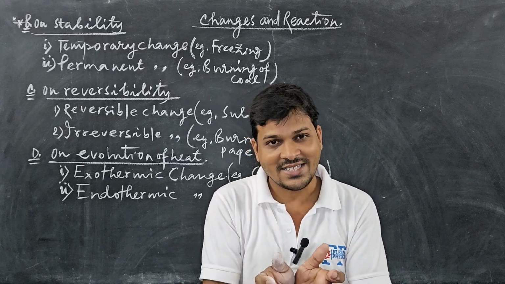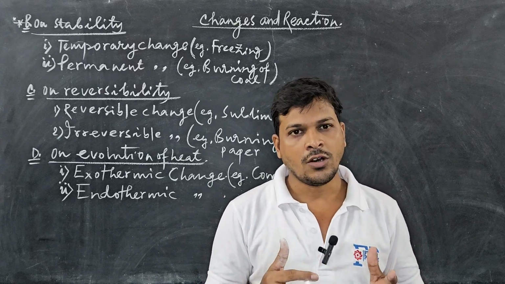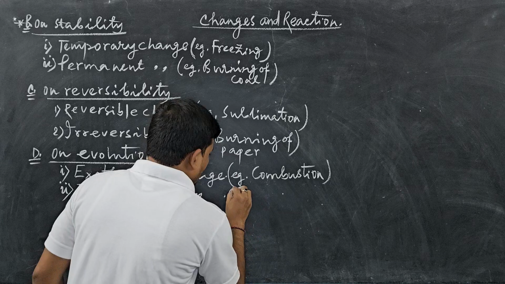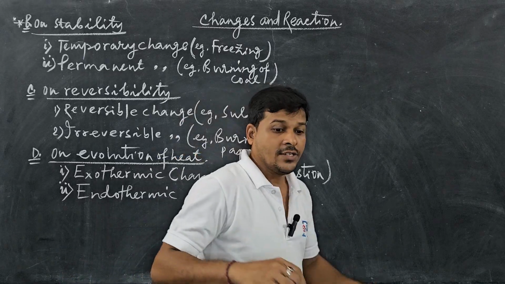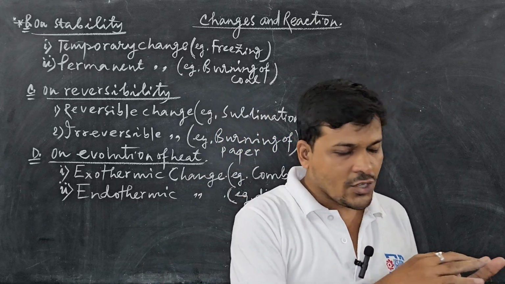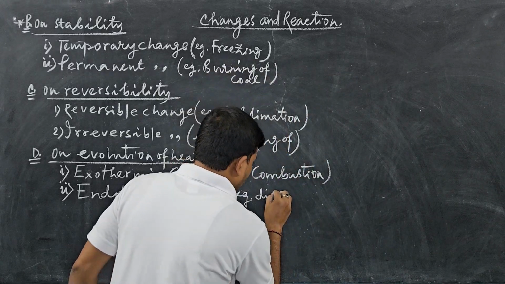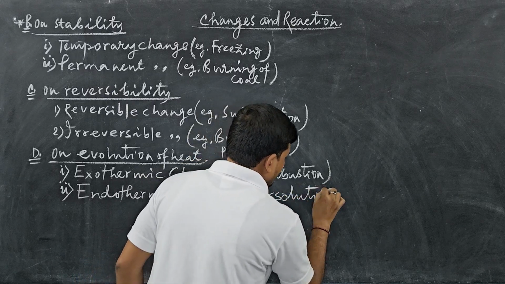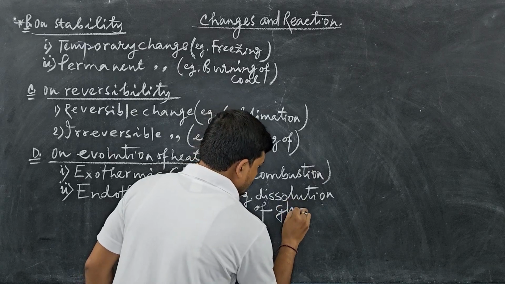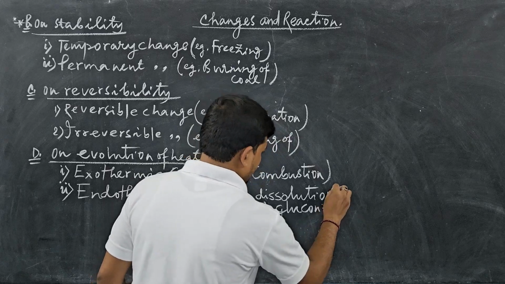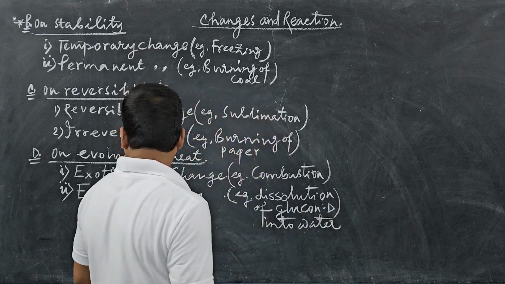So this is an endothermic physical change, the dissolution of Glucon D. Similarly, when sugar, or any saccharide, whether monosaccharide, disaccharide or polysaccharide, dissolves in water, this is an example of an endothermic change.